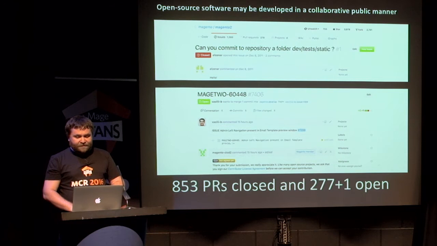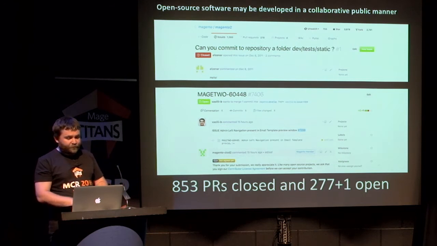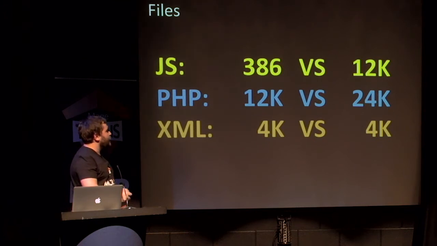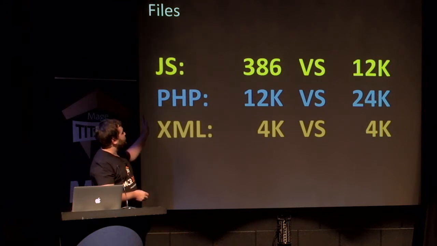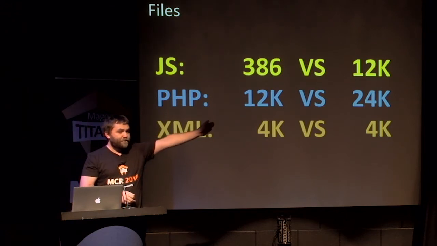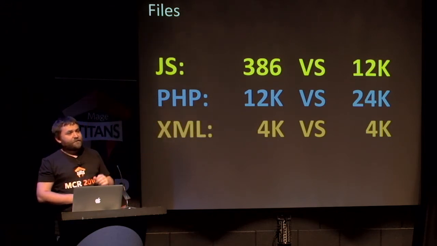Another part of statistics I want to show you, and now we're slowly moving to the UI component stuff. This is a statistic about the file count in Magento 1 versus Magento 2. We see the JavaScript files in Magento 1.